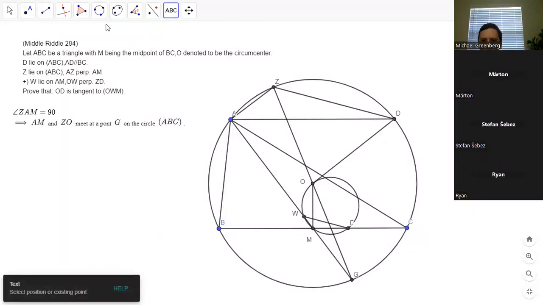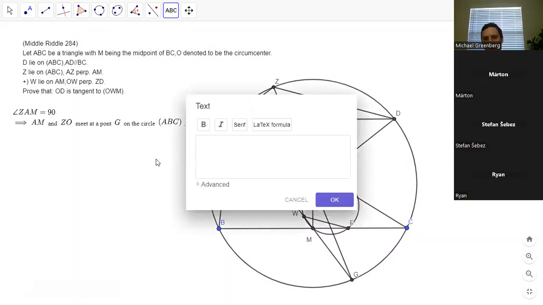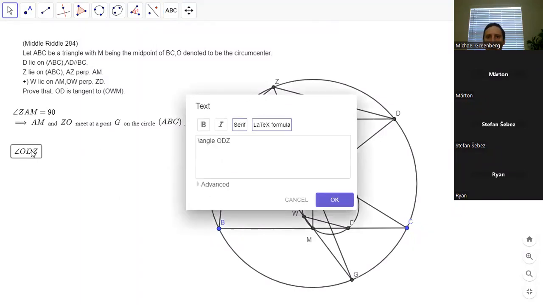So we have angle GZD, angle ODZ. So ODZ equals angle OZD, which is angle GZD, which is angle GAD, which is angle AMB.